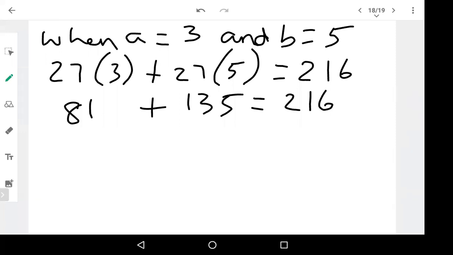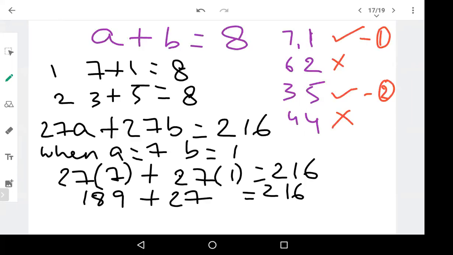Do you still get 216? Yes. Out of these 2 options, both give the answer of 216. So I can consider the numbers to be 81 and 135, or the numbers might be 189 and 27.